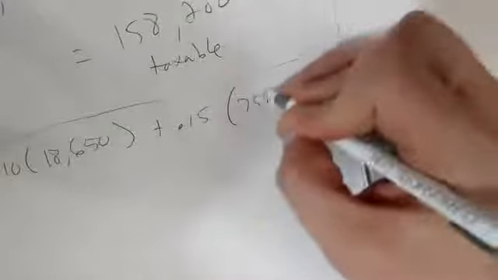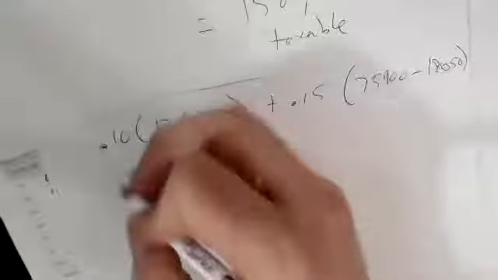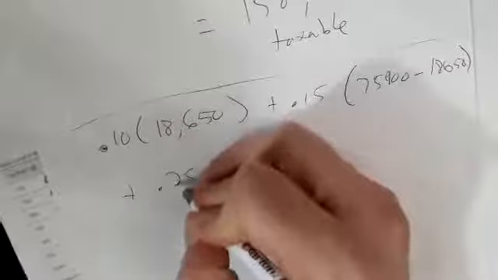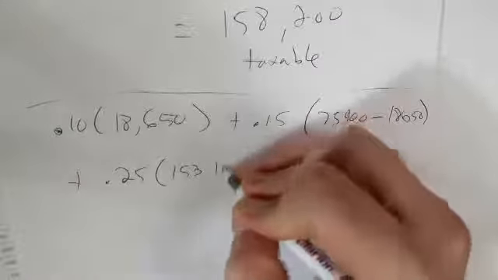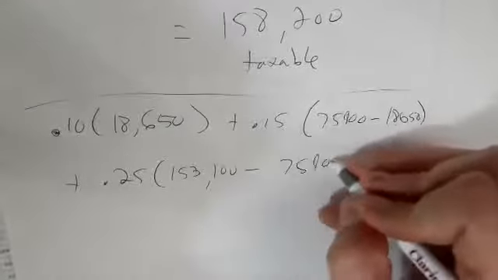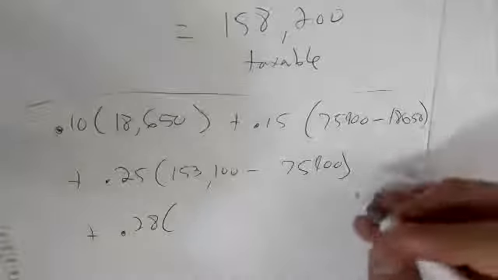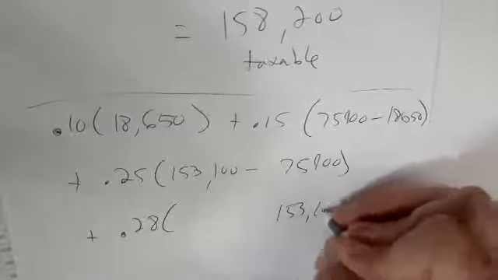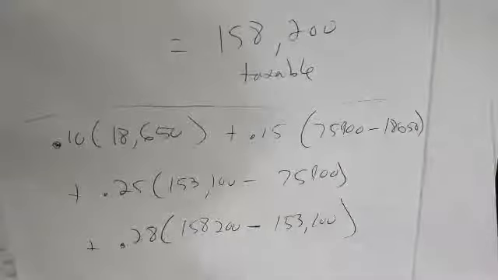75,900 minus the 18,650. I'm doing 25% of everything up to 153,100. And I stopped off at 75,900 in the previous one. And my last interval should look like I'm going from 153,100 up to the amount that they made up there, which is the 158,200.